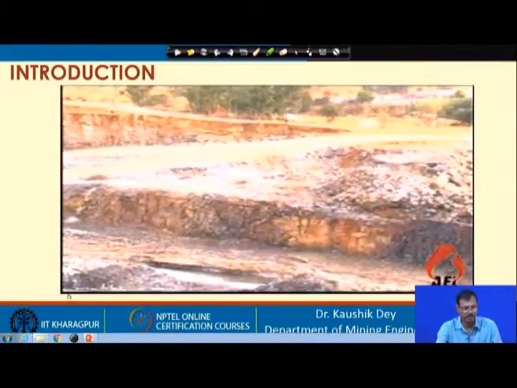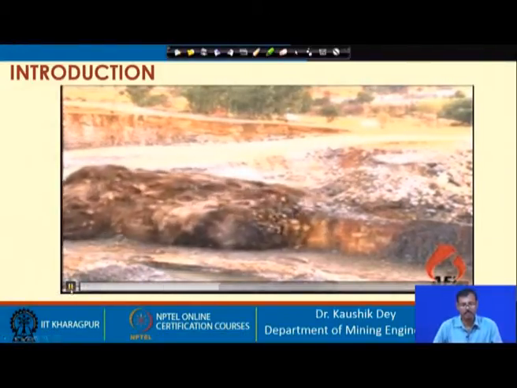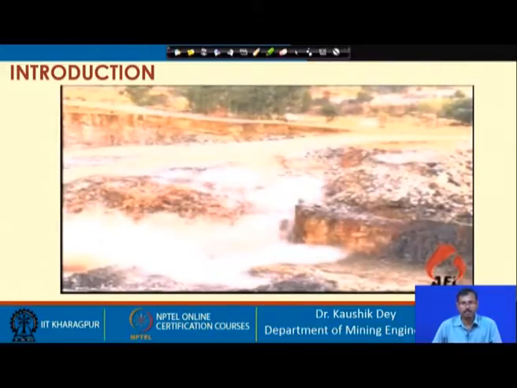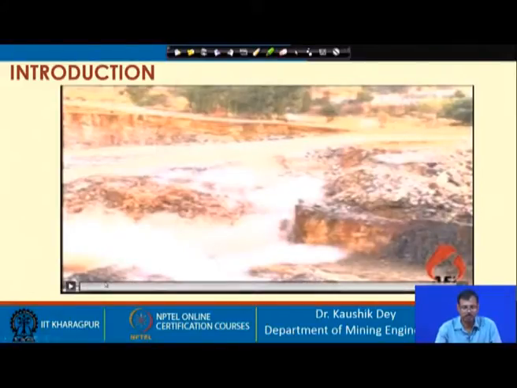Then you can see how the rocks are being fragmented on the explosion. So, basically blasting is the art of detonating the explosive, while the explosives are placed judiciously inside the rock mass, and on release of the energy from the explosives the rocks are fragmented.